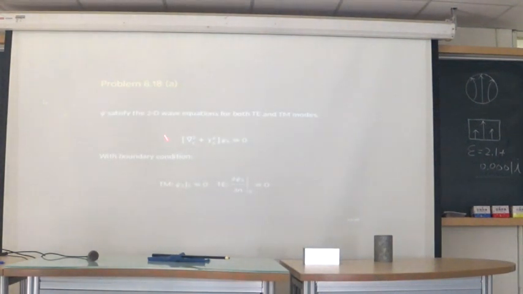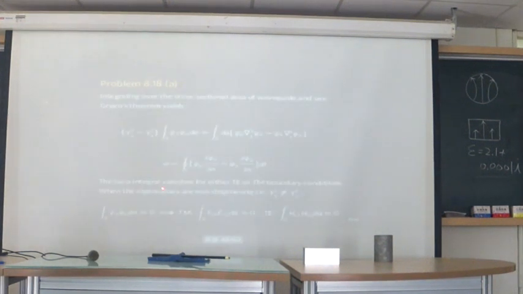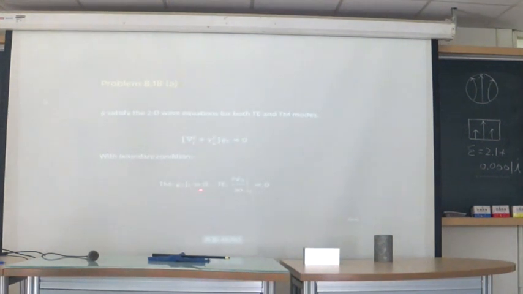So since psi satisfies the two-dimensional wave equation for both TE and TM modes, with different boundary conditions for TE and TM modes: for TM modes, psi satisfies the boundary condition psi equal to 0 at the surface. And for TE modes, the derivative of psi is equal to 0 at the surface.